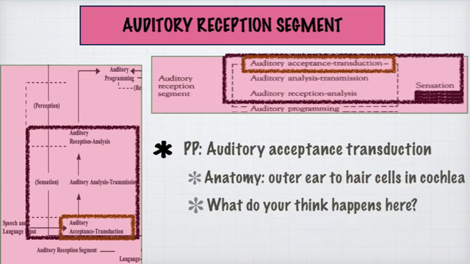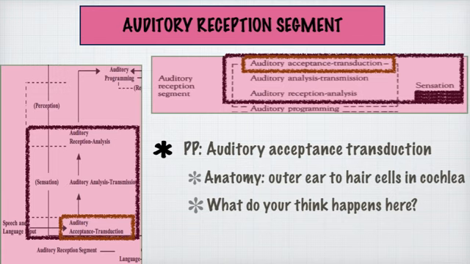Okay, so ang sensation na ni kay naay 3 ka physical processes, no? First is the auditory acceptance transduction. So this part, ang mo happen diri is from the outer ear to the hair cells in cochlea.